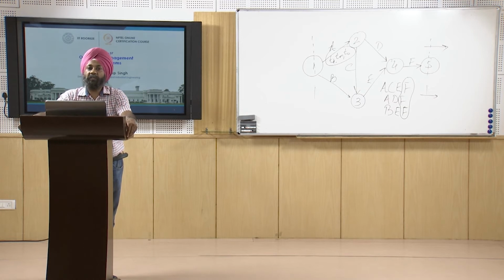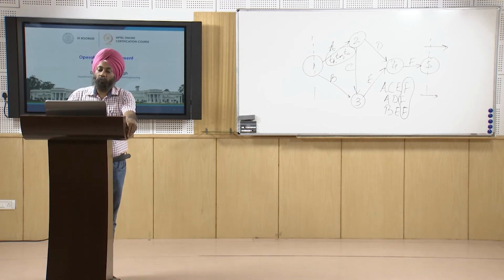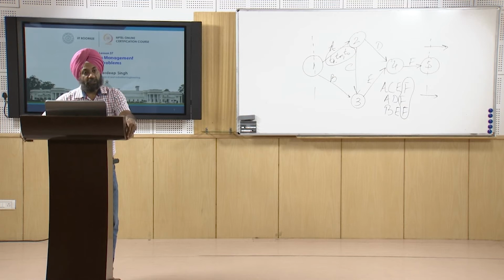But this is the simplest way of representing a network, and it is easy to construct the network as in this case. So how many activities are there? We can count. You can see that there are 7 activities in this project. So we have the optimistic time, the most likely time and the pessimistic time for each and every activity, and these 3 time estimates we are going to make use of when we are going to calculate the estimated time for each activity.